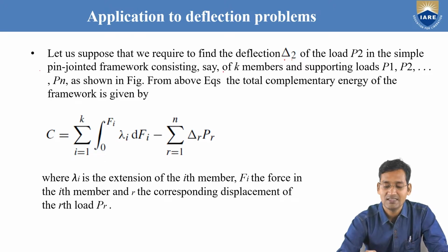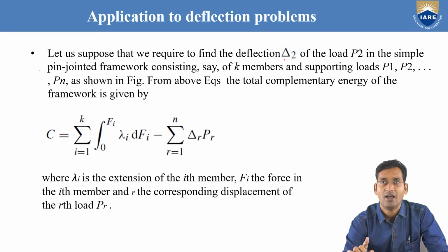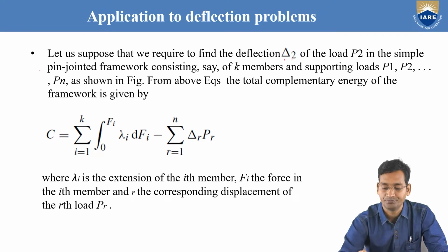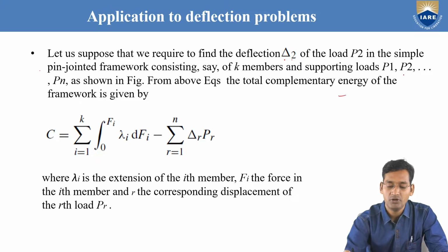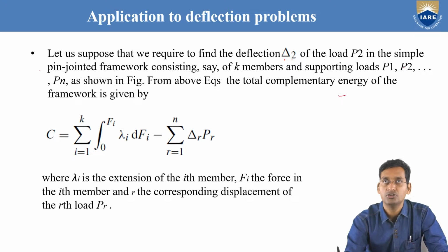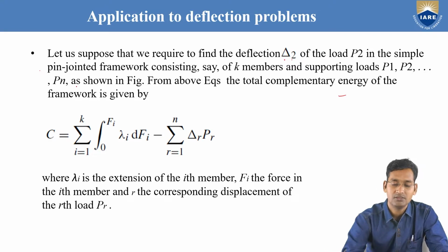Considering k members, so how many members are there? Total k members, meaning i will go from 1 to k, supporting loads P1, P2, P3, and so on up to Pn as shown in the figure.